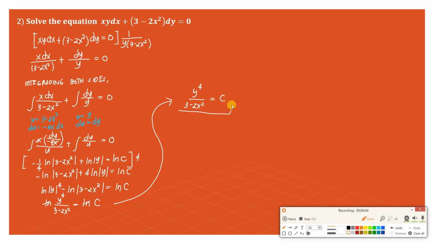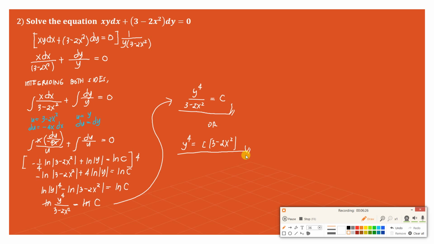So, this can be our final answer, or pwedeng tanggalin yung fraction, cross-multiply lang natin si c. So, we have c times 3 minus 2x squared. This can be also our final answer.